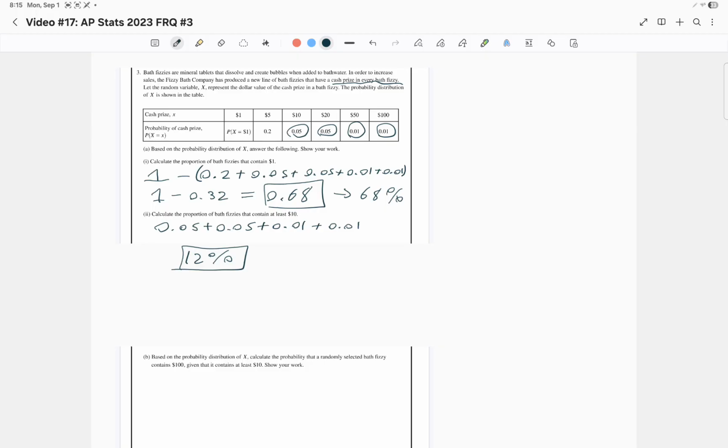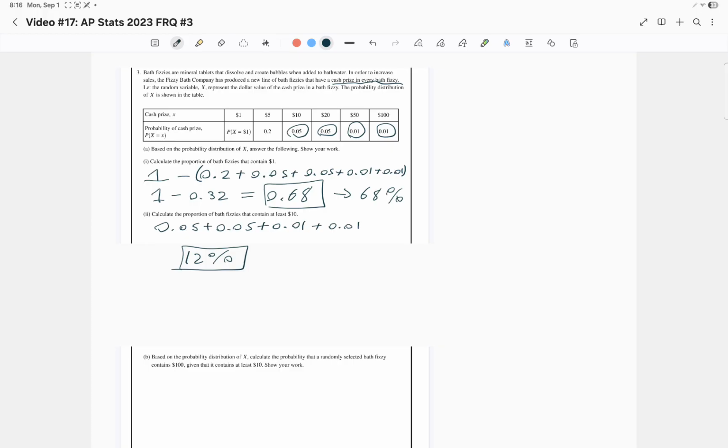So there you go. Even though they give you probability, you can convert that just directly to a proportion by stating that 12% of bath fizzies will have that amount, because we're looking at an interpretation of probability where, as we have a large amount of them, the probabilities will tend to what we have in the table there.